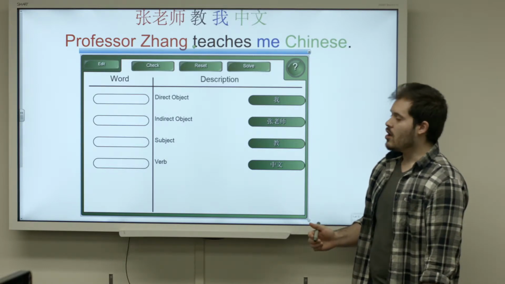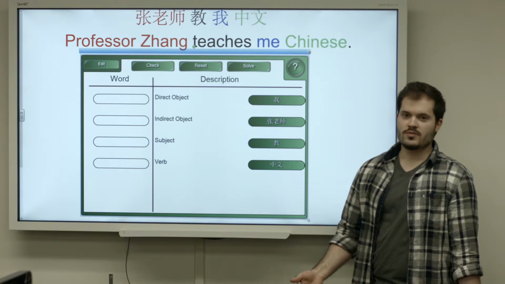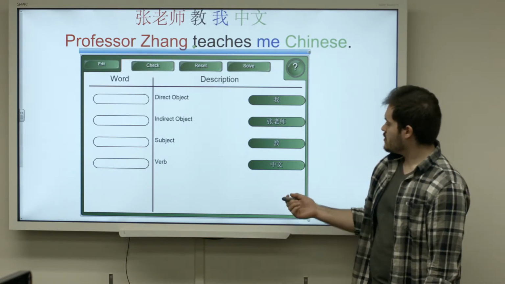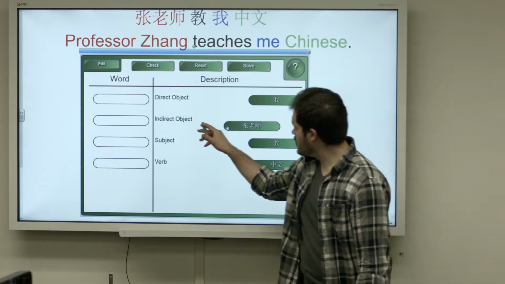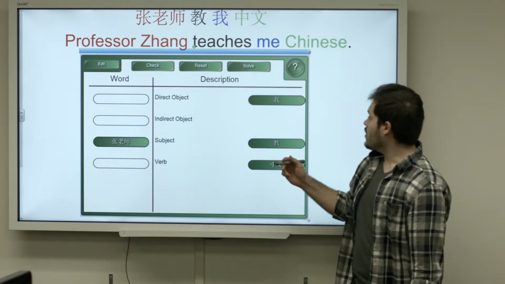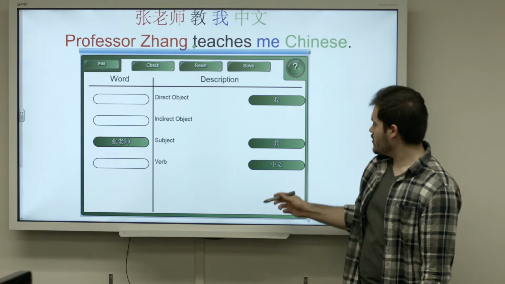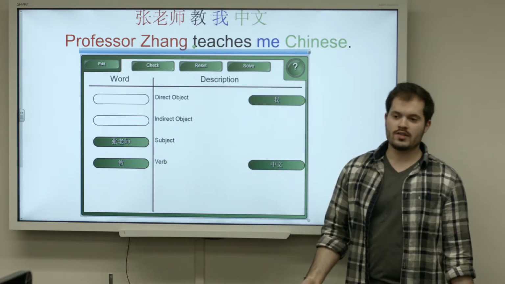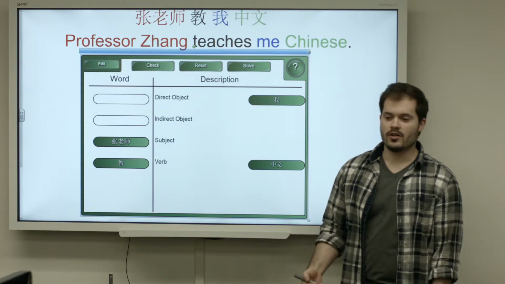张老师教我中文. Zhang Laoshi teaches me Chinese. So Zhang Laoshi is going to be the subject in the sentence. Let's see if this works. 教我, 教 is the verb. 我 is the indirect object, right?